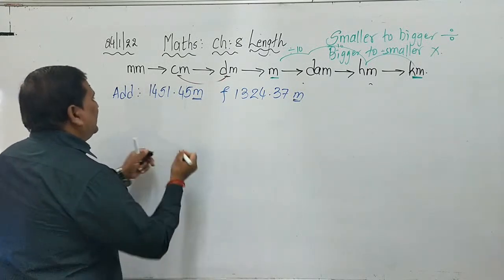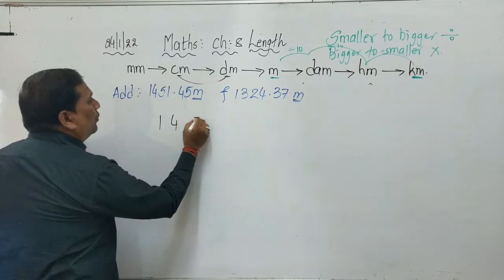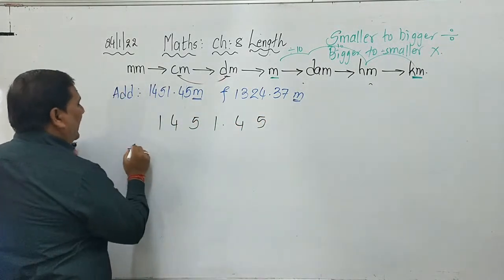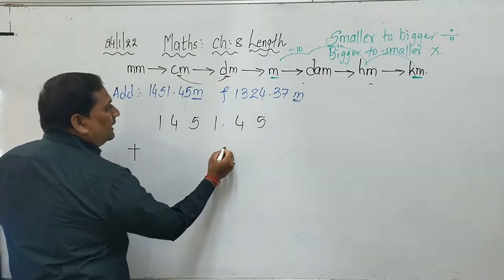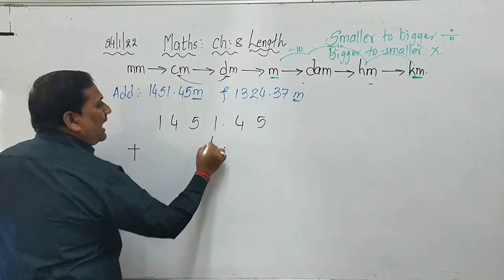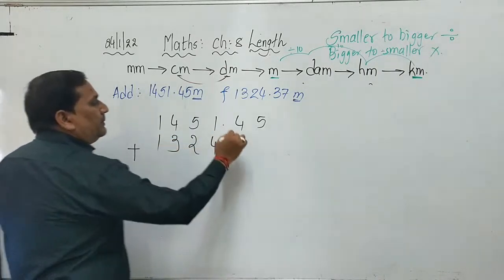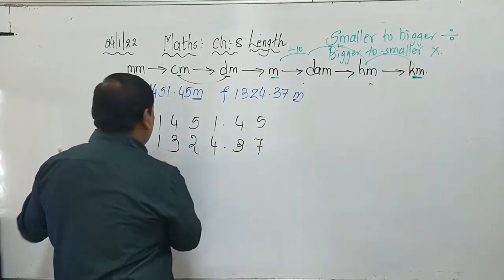So write down vertically 1451.45. Add decimal के नीचे decimal, उसके आगे 4, then 2, then 3, then 1, पीछे 3 और 7.